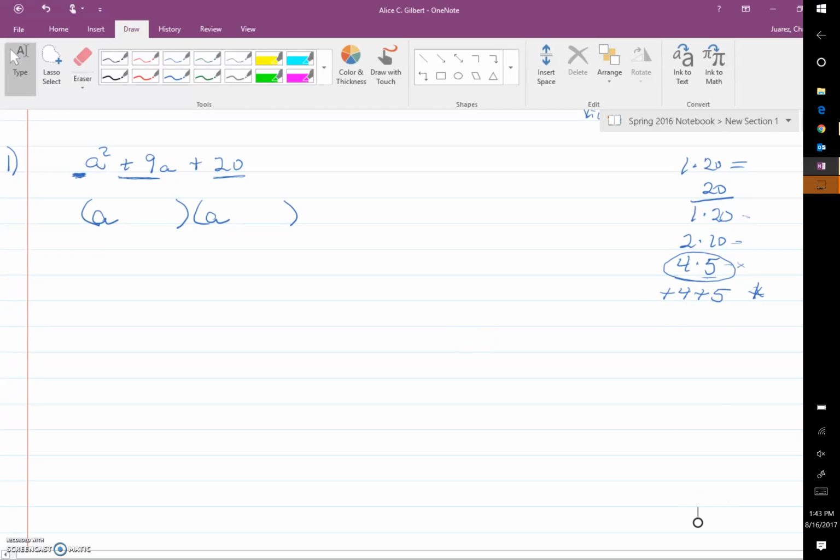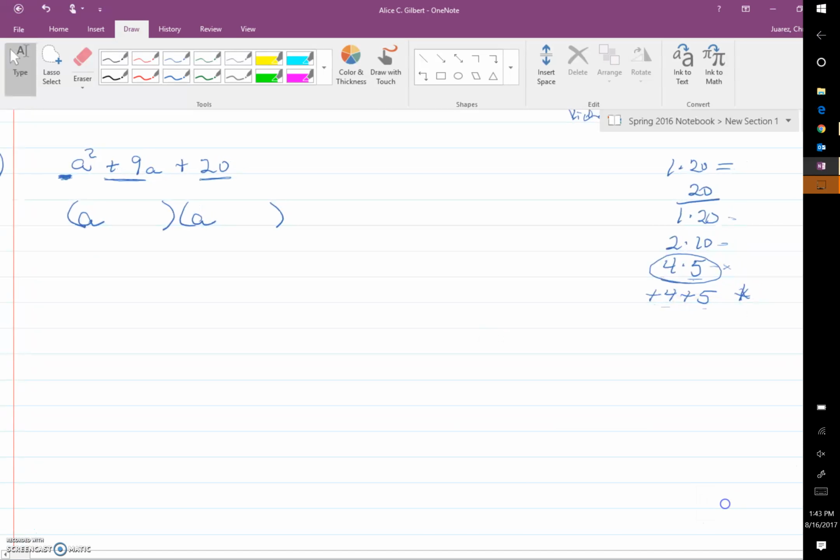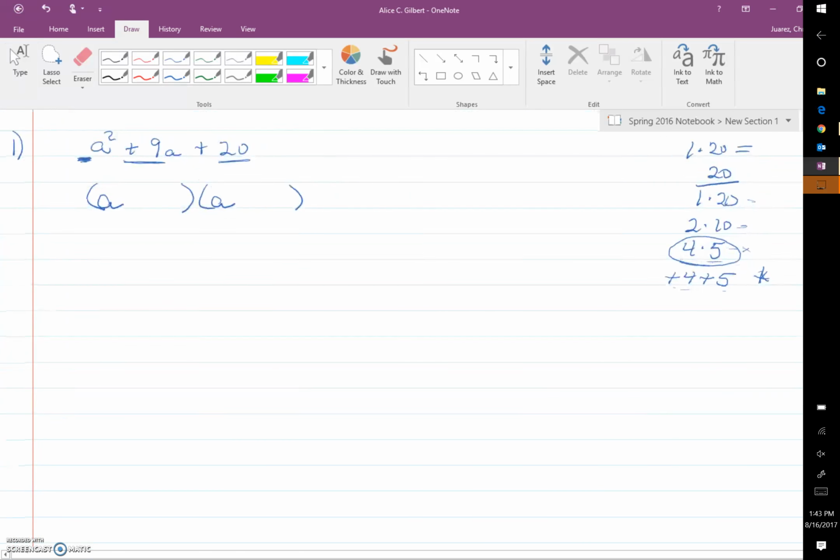Now we're going to do 2 steps next. Always do both of these steps, especially the second one. It will catch sign problems. So the first thing we do is add these two together. When I add +4 +5, I get +9, and that's what I need right here, and so that works.